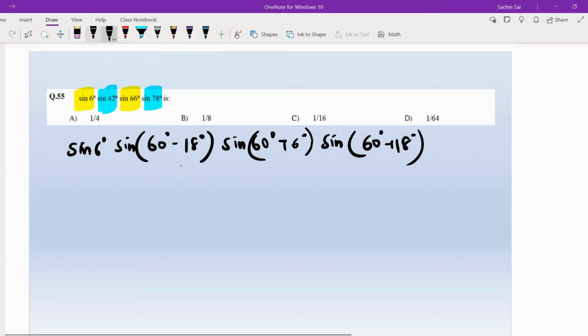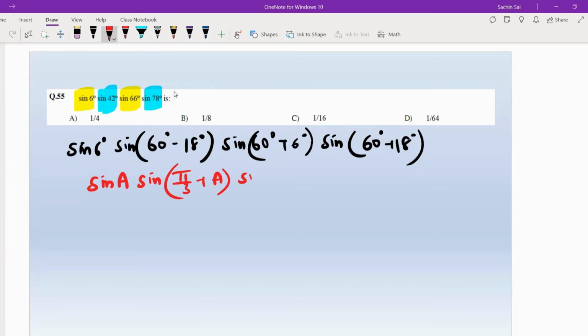Now there is a very important result in trigonometry that is useful in various competitive exams, which is if you have a product of the form sine A into sine pi by 3 plus A into sine pi by 3 minus A, right?